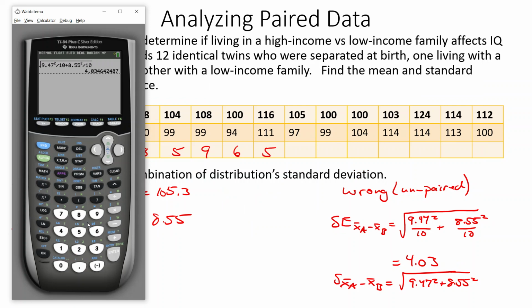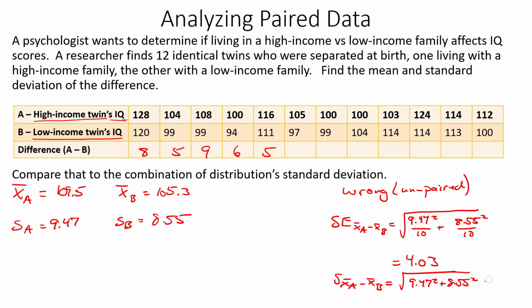So second square root of 9.47 squared plus 8.55 squared. Oh, I left off a 5 there. 8.55 squared. There we go. 12.75. All right, but we have paired data, so we can actually get this to be smaller than this, and our sampling standard error here would actually be smaller than that as well.